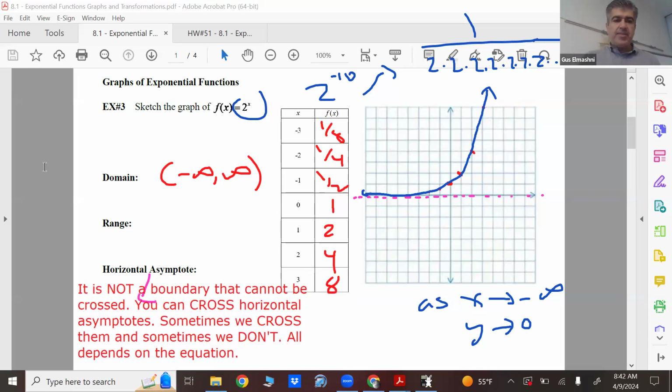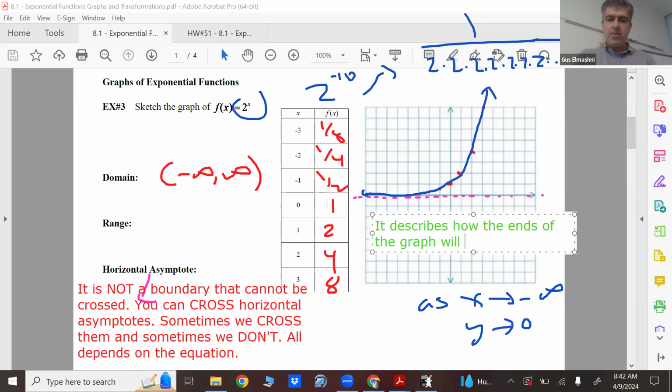What it really is, and let's switch colors here, what it really is, it describes how the ends of the graph will look, or basically what y does when x goes towards positive or negative infinity.